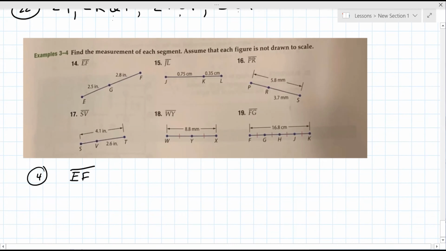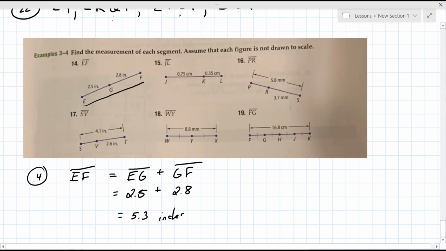EF is the whole distance. So EF is equal to EG plus GF. And we know those values are 2.5 plus 2.8, which is 5.3 inches.